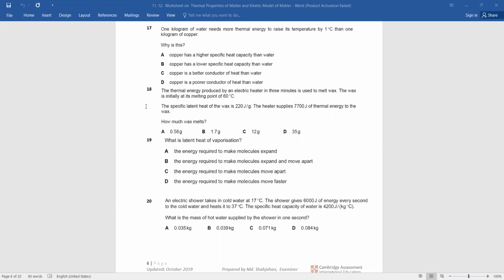That means water can absorb more heat than copper. In other words, it has more capacity to absorb heat. Remember the definition of heat capacity and specific heat capacity, where the temperature is raised by 1 degree Celsius.